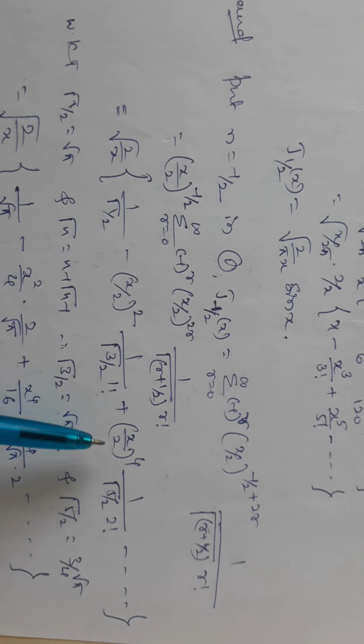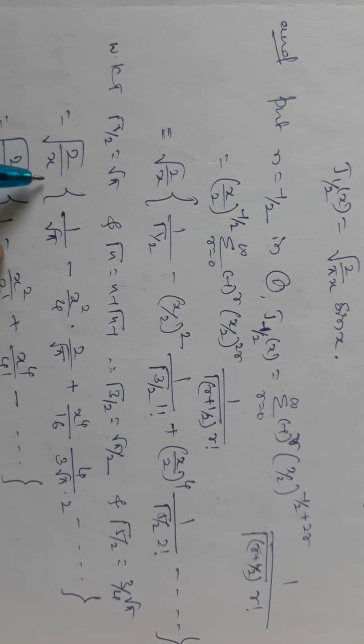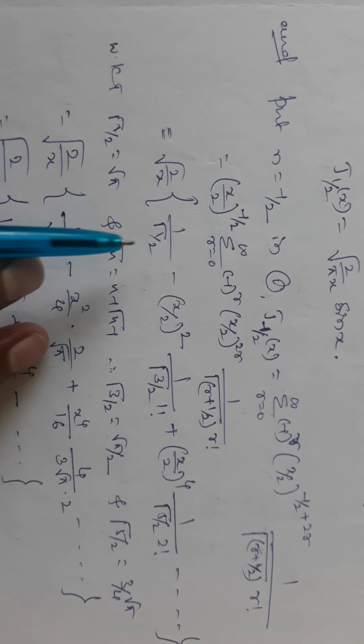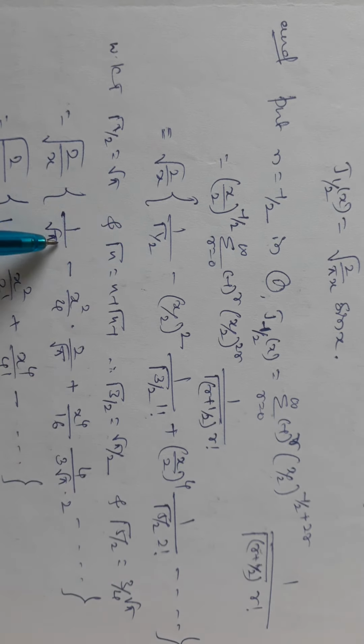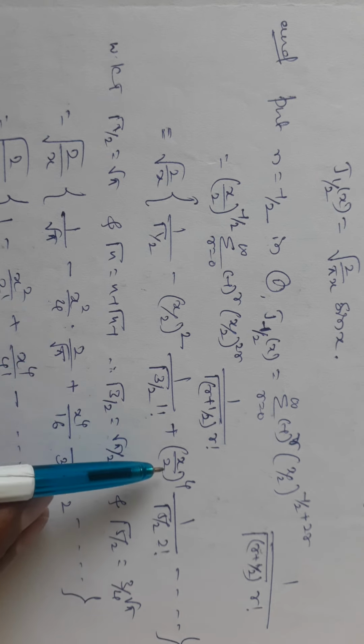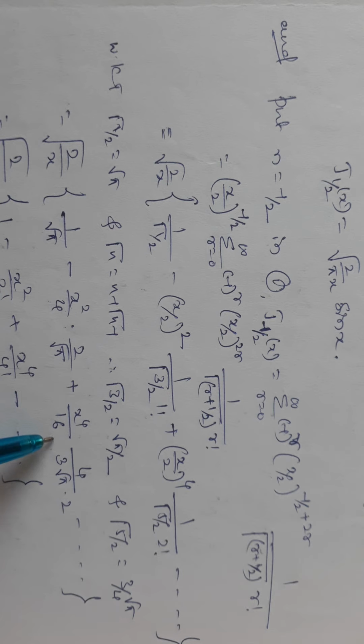Substituting these values in the above equation, we have root 2 by x into, this is 1 by root pi minus x square by 4, this is 2 by root pi plus x to the power 4 divided by 16, 4 by 3 root pi into 2, and so on.